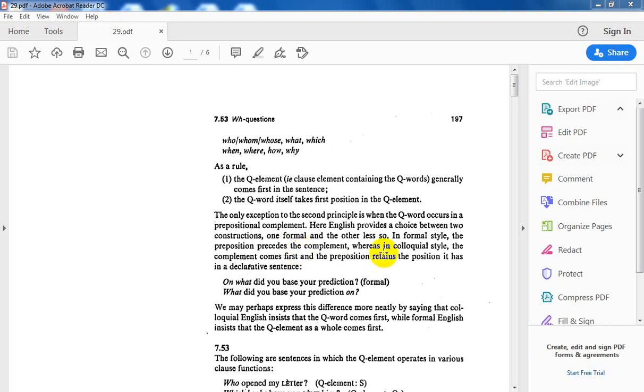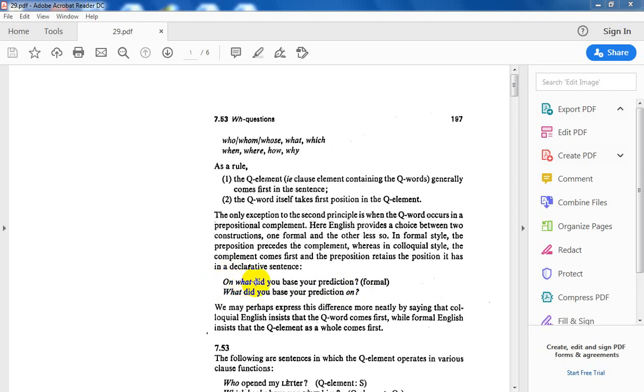In contrast to the colloquial, this is the formal: the complement comes first and the preposition retains the position it has in a declarative sentence. For example, the formal: On what did you base your prediction? Here the preposition precedes the Q element.